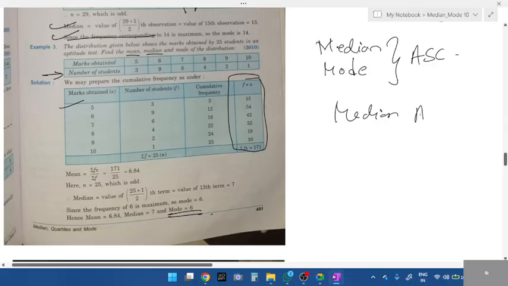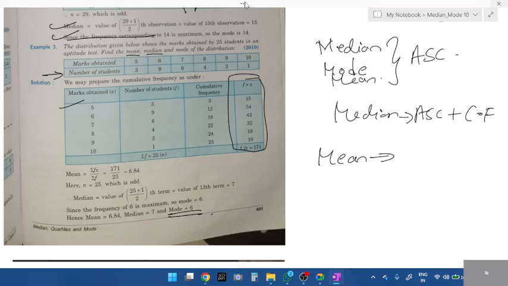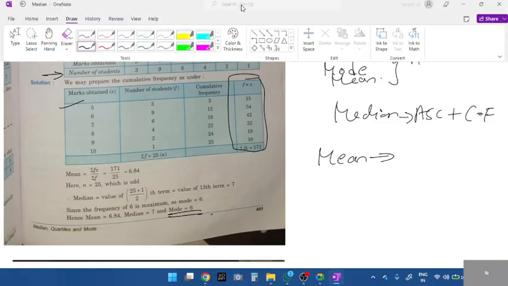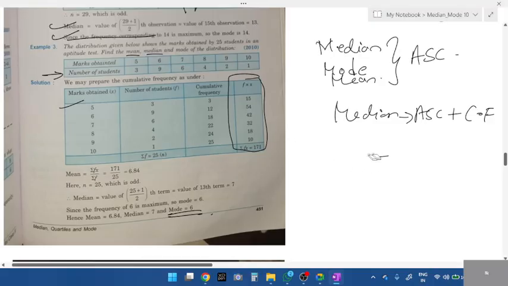For median, ascending order plus cumulative frequency is required. For mean, let it be in any order, you can solve, but preferably even this one in ascending order. If it is in ascending order, it is very easy. Whether it is median, mode or mean, remember this concept. You have to arrange them in ascending order. Then for median, we need cumulative frequency. For mode and mean, we don't need cumulative frequency.